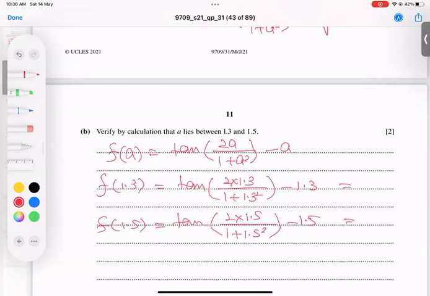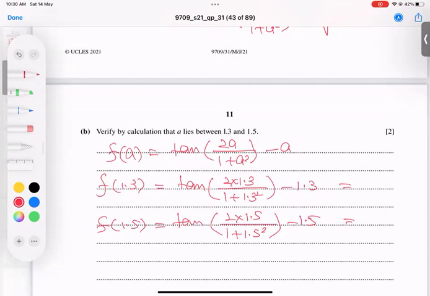Okay, I'm going to type it, and make sure the calculator must be in radians. So 2 times 1.5 in the numerator, and in the denominator 1 plus 1.5 square and negative 1.5.